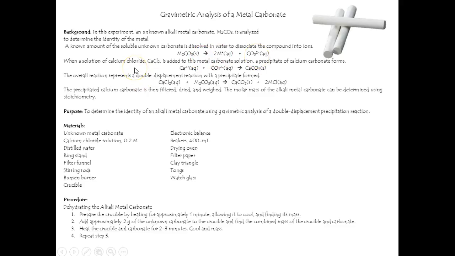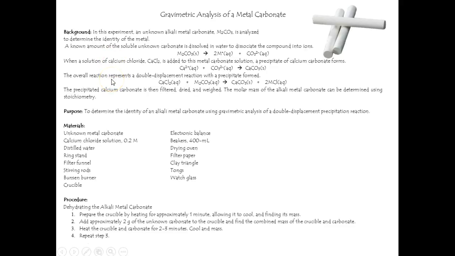And then we're going to add some calcium chloride. This is a smart thing to do because calcium chloride is also soluble in water. The product, which will be the metal chloride, is soluble in water, but the calcium carbonate is insoluble in water, and we can weigh it. We can use those amounts to analyze what the starting material must have been.